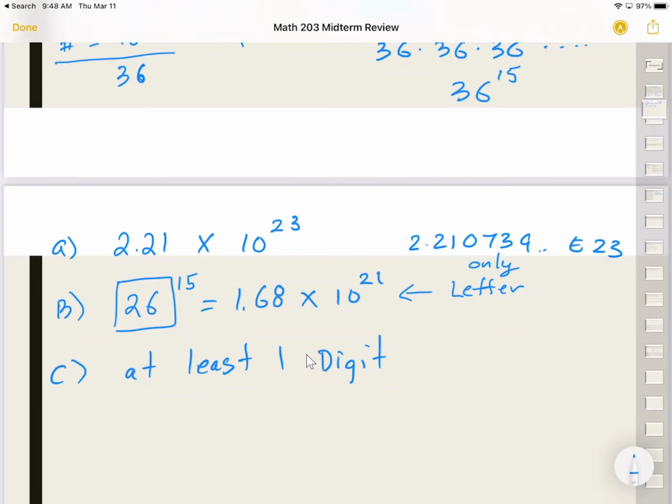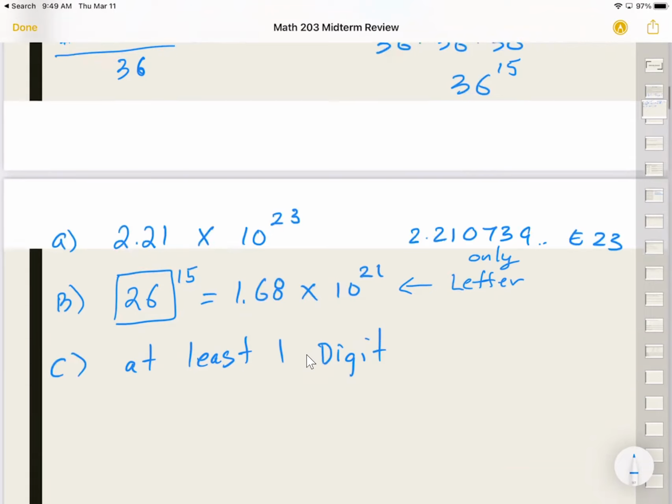Do you agree that in B, we do not have any digit? In B, whatever password you create is just letters. There's no digit. And remember, at least one means, if we know that this many passwords do not have a number in it, we can eliminate that group of passwords to give me the other group of passwords that have at least one digit, right?